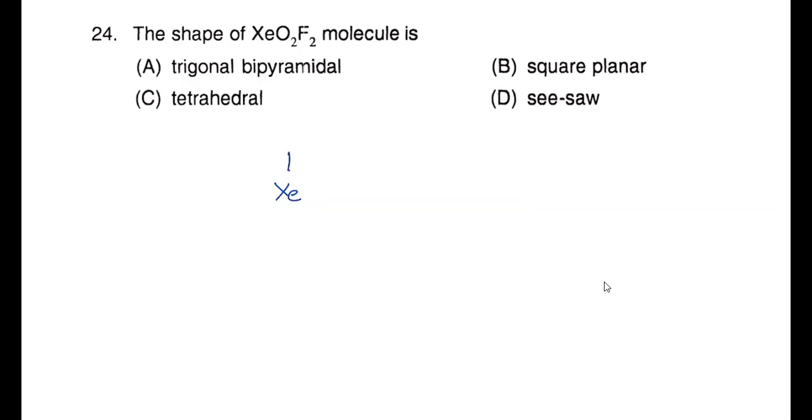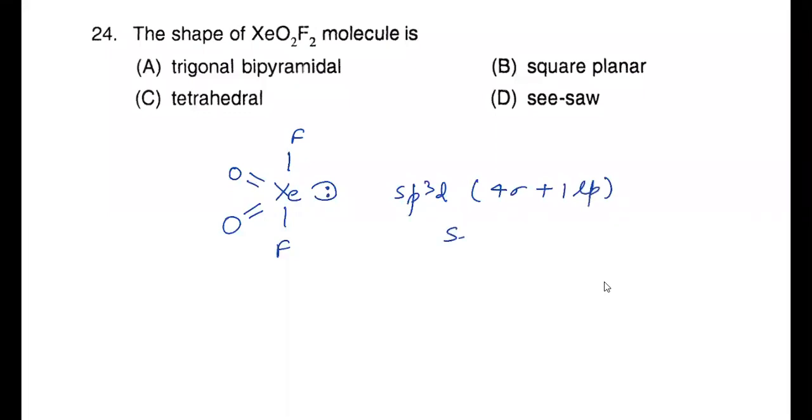If you draw the structure, there are 2 fluorine atoms, and in this case it is mandatory that fluorine must be on axial positions, because the more electronegative element prefers axial position and the lone pair of electrons prefers equatorial position. So this is sp3d, 4 sigma bonds and 1 lone pair case, and the shape is seesaw.